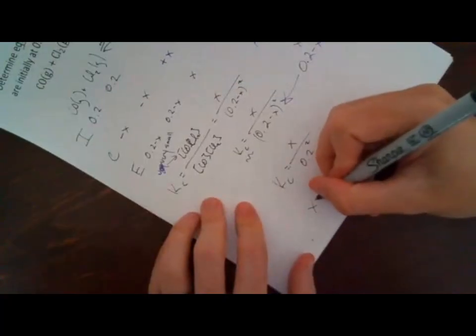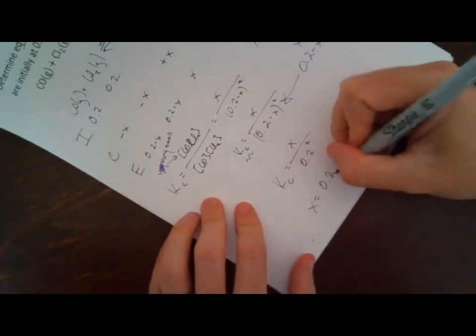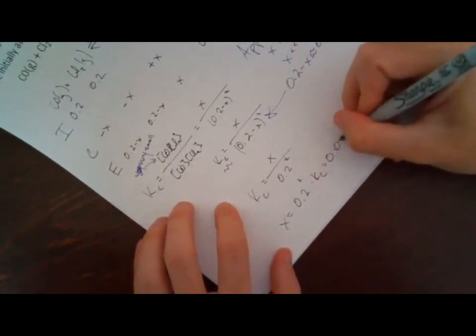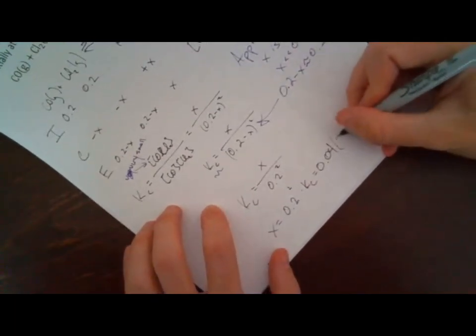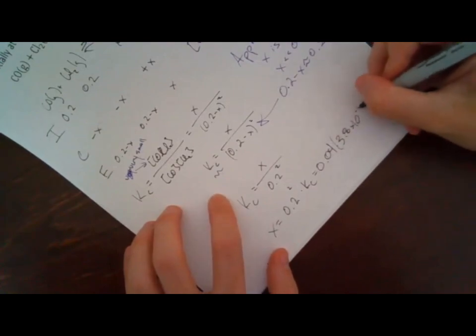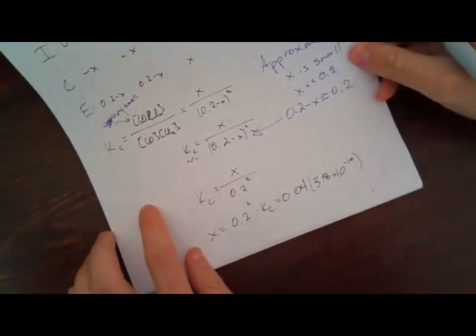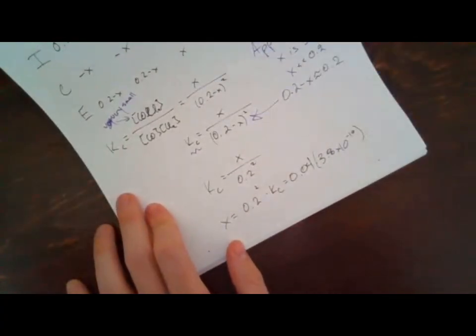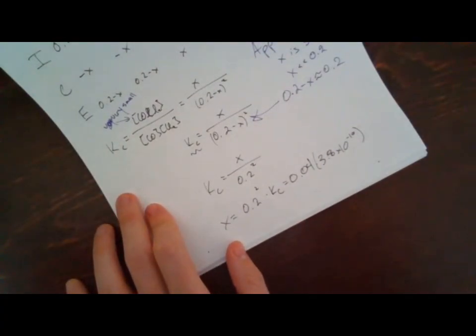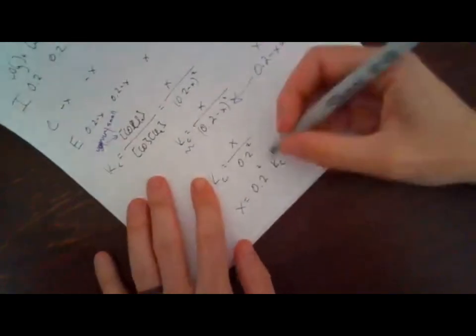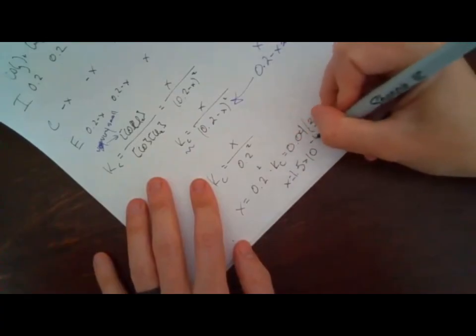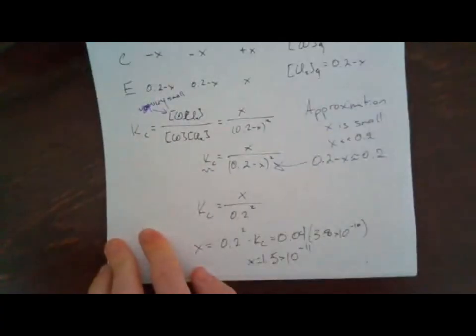This becomes much simpler, because now x is equal to 0.2 squared times Kc, which would be 0.04 times 3.8 times 10 to the negative 10. I just plug in the Kc value, and from that I get x is equal to 1.5 times 10 to the negative 11.